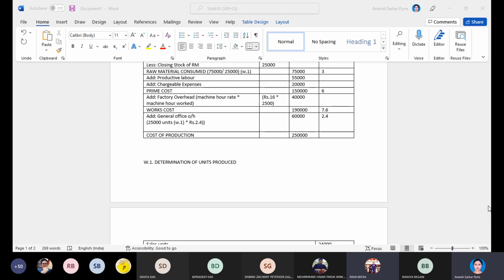Are our calculations right? Check once again. Yes, ma'am. Our calculations are right. 75,000 plus productive labor, then chargeable expenses. So 1 lakh 50. Yes, ma'am.